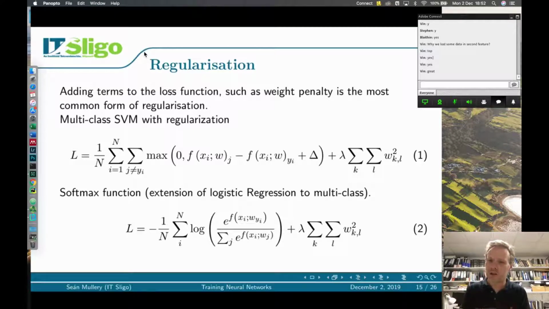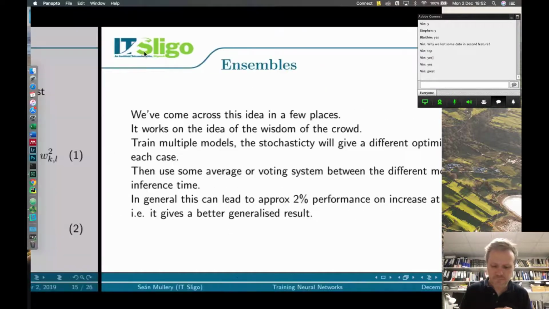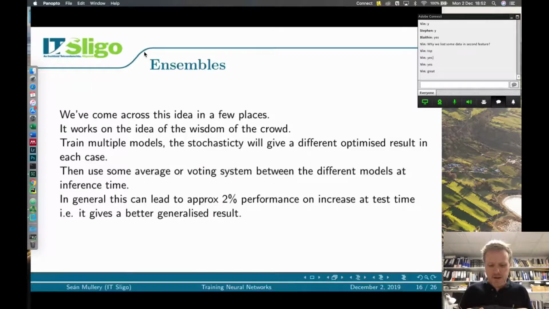We want to learn it so that we spread it out across all the filters, and if we knocked out any of these individual filters, we would still do a pretty good job of learning it. And to some extent, this is the idea of ensembles, that whichever team you picked would do a good job. The idea is that we're better as a crowd or as a group rather than as an individual.